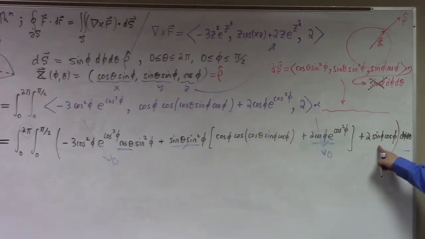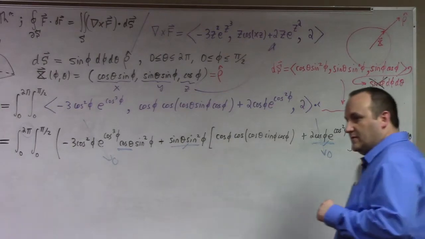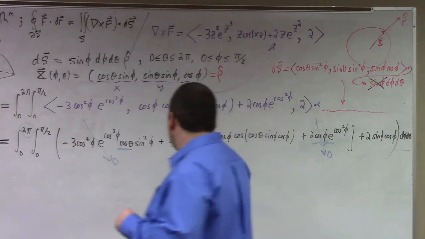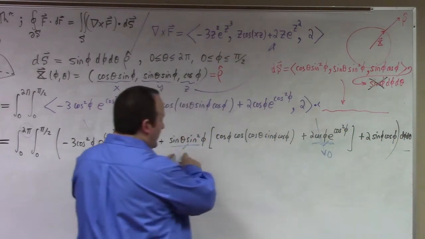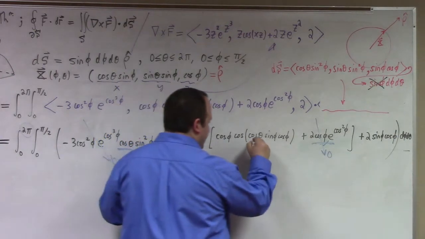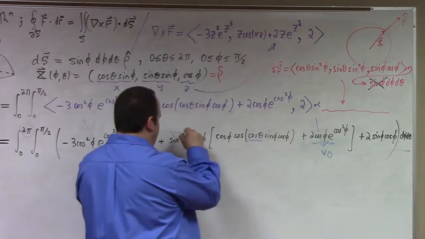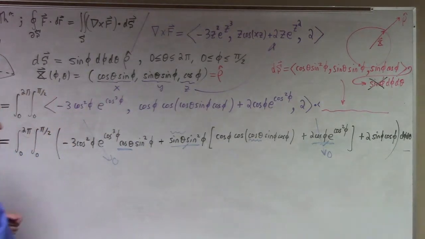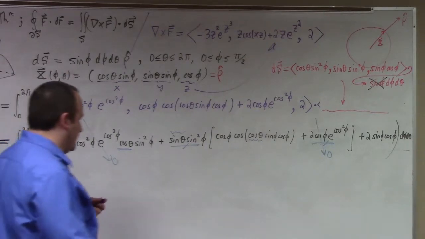This guy over here has no theta dependence whatsoever. That's going to survive. This right here I can't do my 2 theta trick on, because I've got this cosine theta in here and the sine theta out here. So I'm actually going to have to face the music there. But that's not bad because it's actually a u substitution.